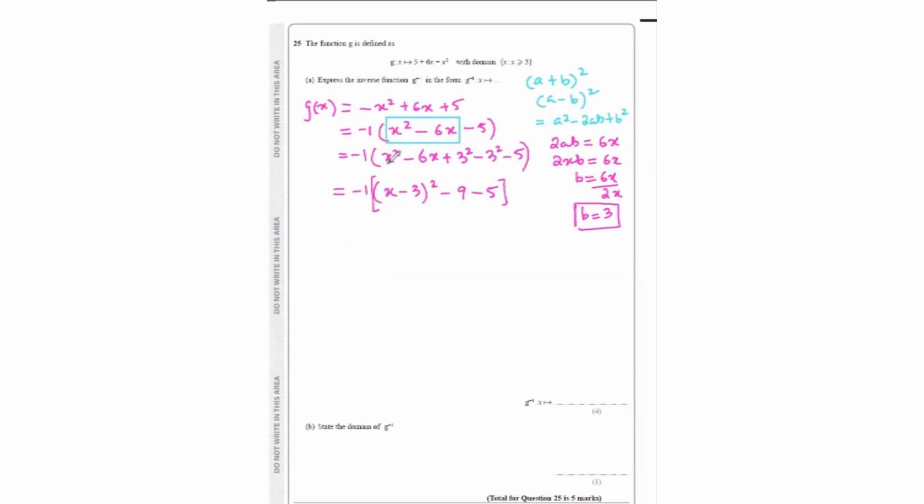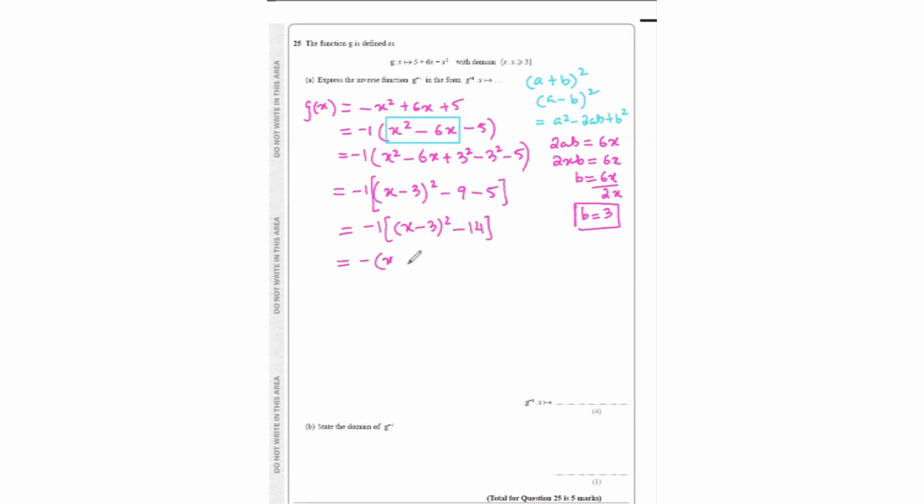The complete square was x squared minus 6x, which has a 3 squared now, and that completed it into x minus 3 whole squared.